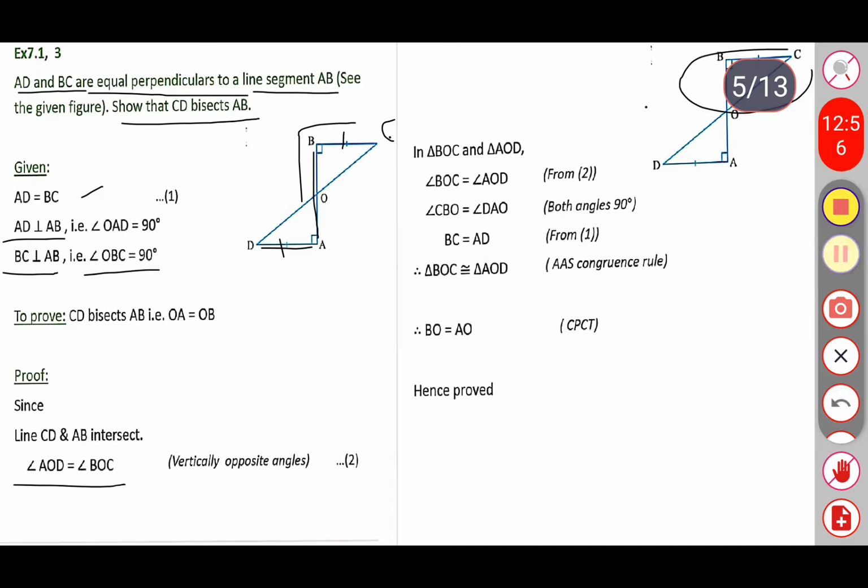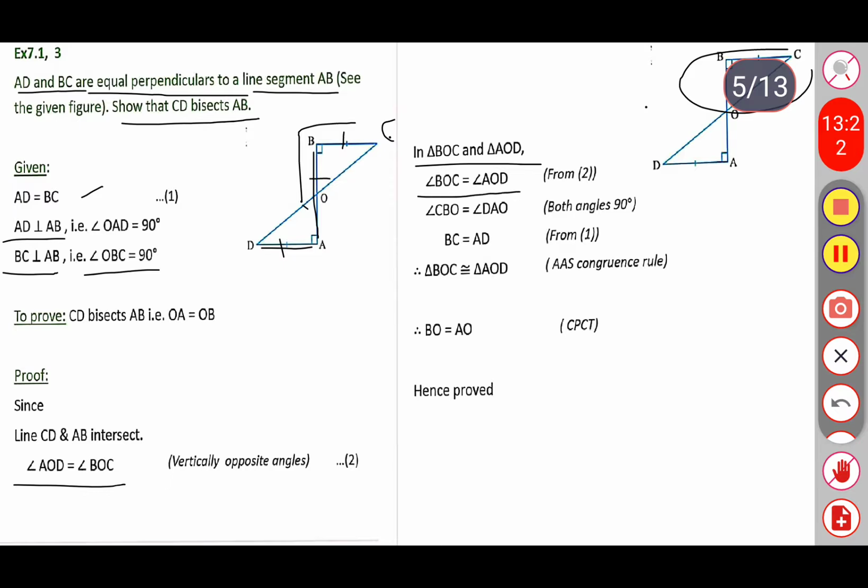Triangle BOC and triangle AOD, upper triangle and lower triangle. This is the upper triangle and this one is the lower triangle. Consider those two triangles. In triangle BOC and triangle AOD, angle BOC is equal to angle AOD, because these two are vertically opposite angles.